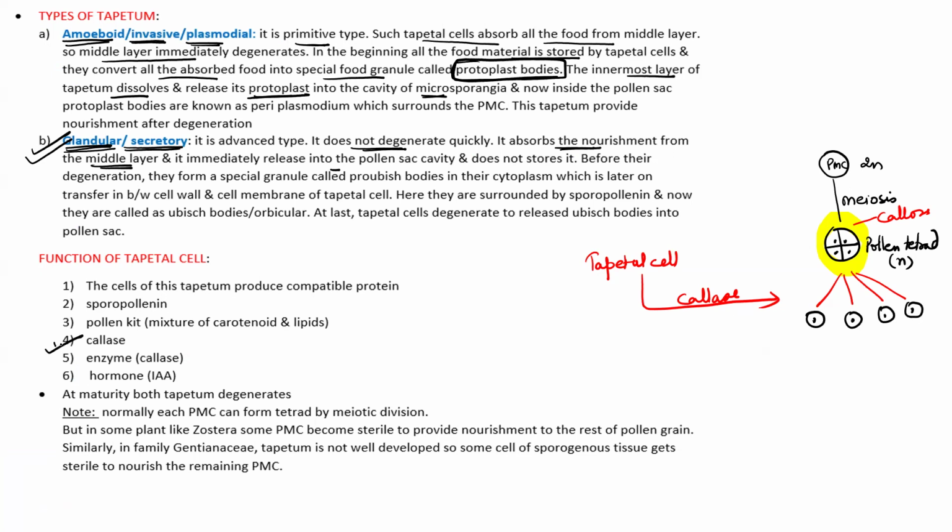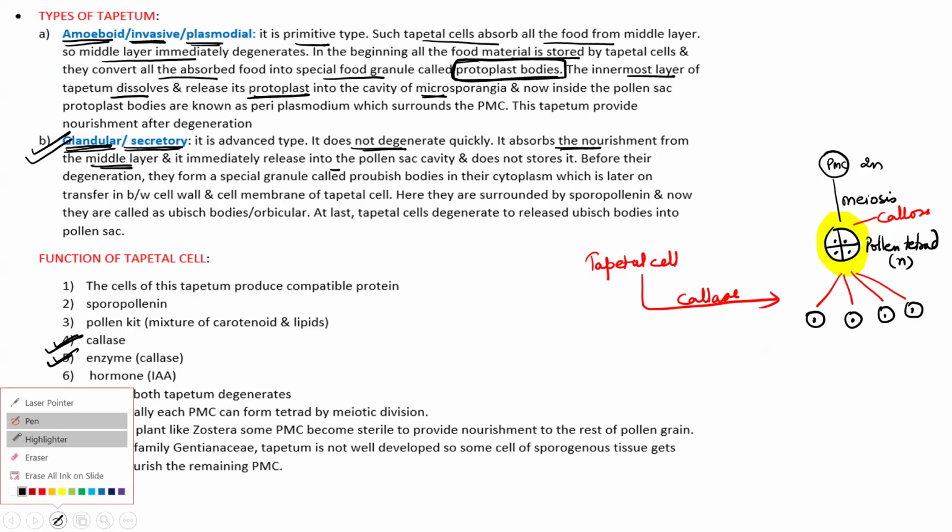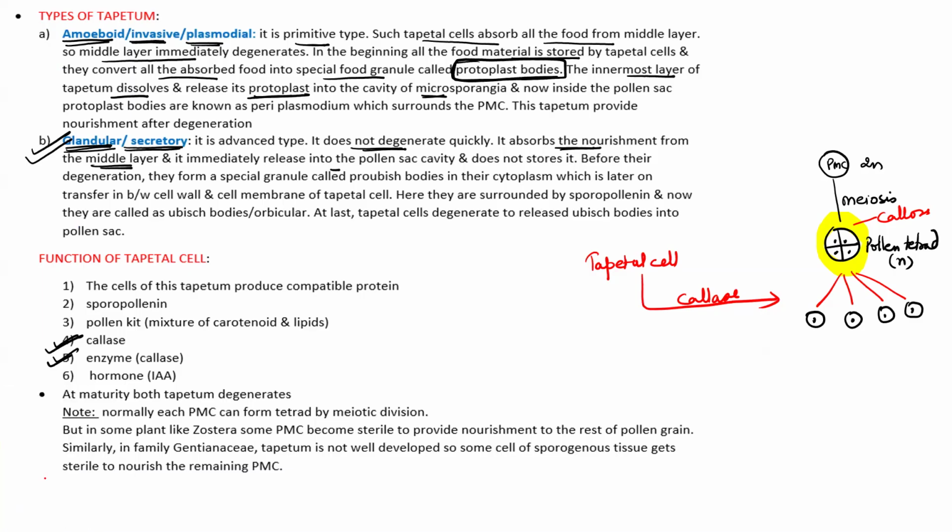I think this is clear. It releases callase enzyme. Clear? Then what will happen? The tapetal cell will now release Ubisch bodies. They will release Ubisch bodies. And Ubisch bodies are the ones which contain sporopollenin. They contain sporopollenin.